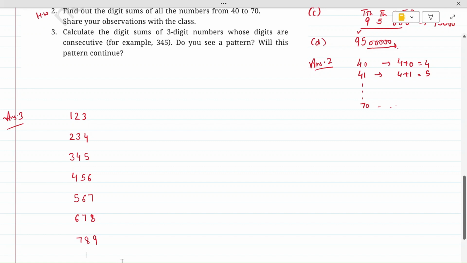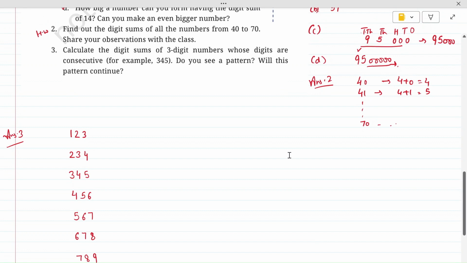Because it will be 4 digits then. So we have taken the consecutive 3-digit numbers, each a group of 3 numbers: 1, 2, 3, 2, 3, 4, 3, 4, 5, 4, 5, 6, 5, 6, 7, 6, 7, 8, and 7, 8, 9. We cannot take 8, 9, 10 because it will make 4 digits.